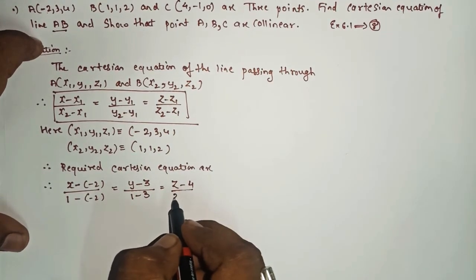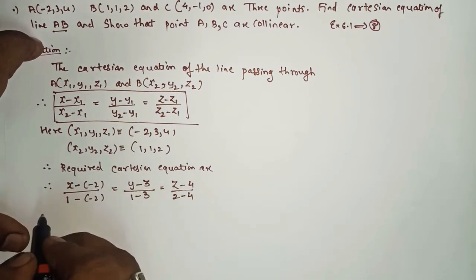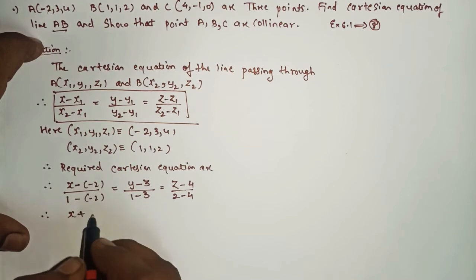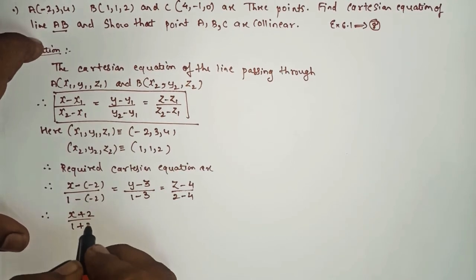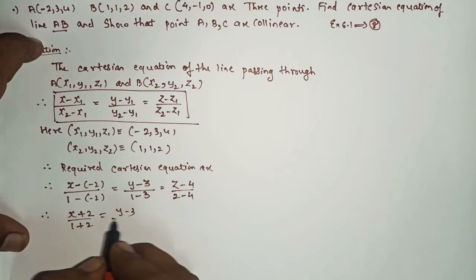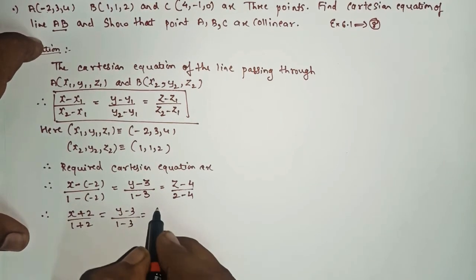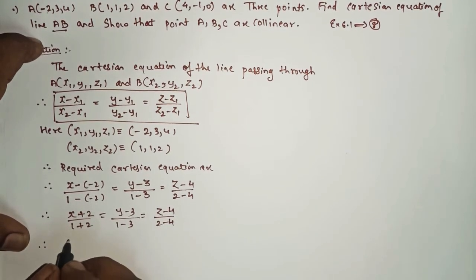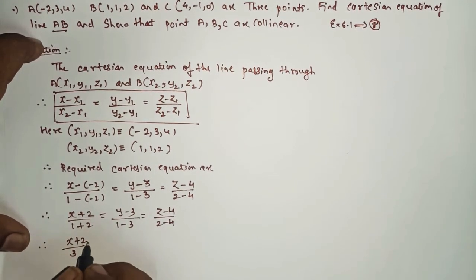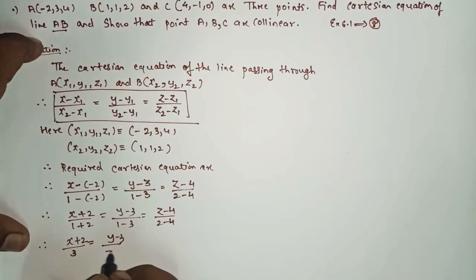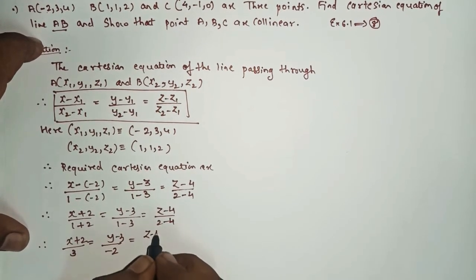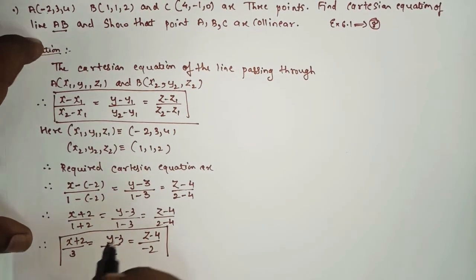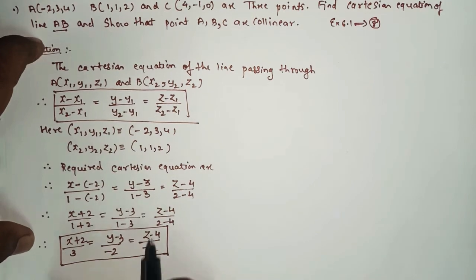So z2 minus z1 is what? 2 minus 4. So the next step you will get x plus 2, minus minus will be plus, keep y minus 3, 1 minus 3, z minus 4, 2 minus 4 as it is. Okay, so in the next step you will get (x plus 2) upon 3, (y minus 3) upon minus 2, and (z minus 4) upon minus 2 as the required Cartesian equation. Yes or no?